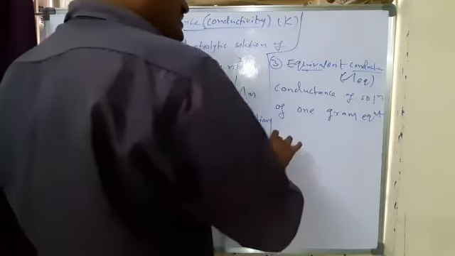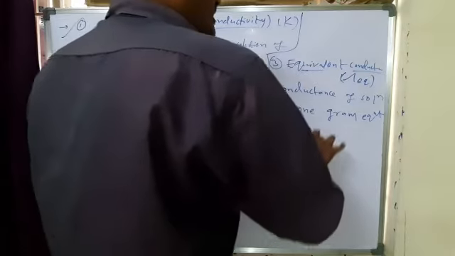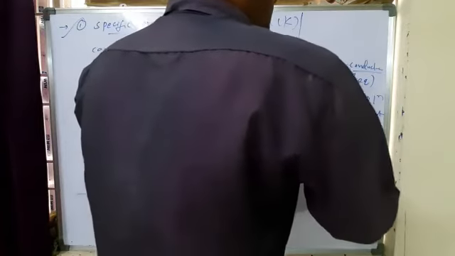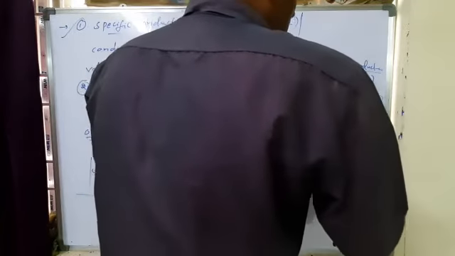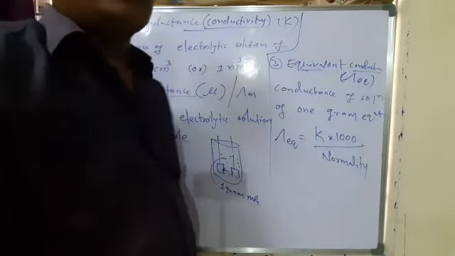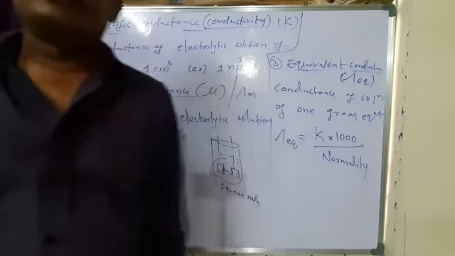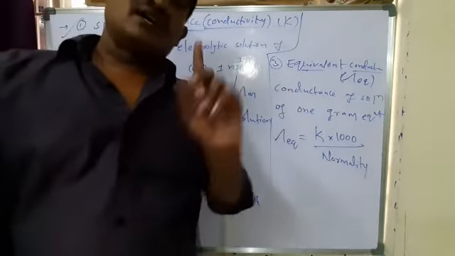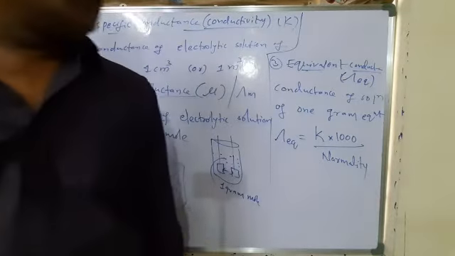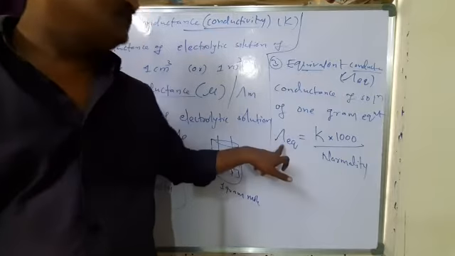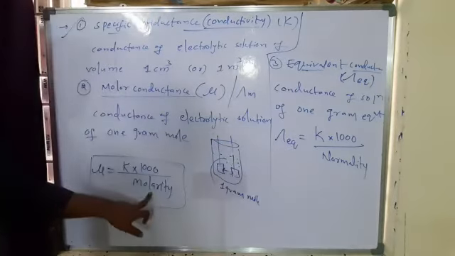It is related as kappa into 1000 by normality. Why normality and molarity? For electrolytic solutions, acid, base and salt solutions, the concentration can be expressed as normality and molarity. This is the normality with equivalent conductance, and this is the molarity with molar conductance.